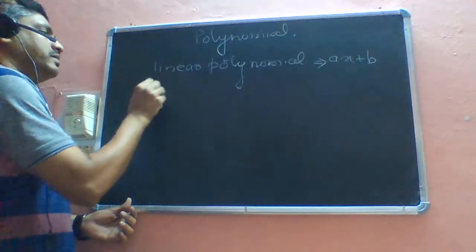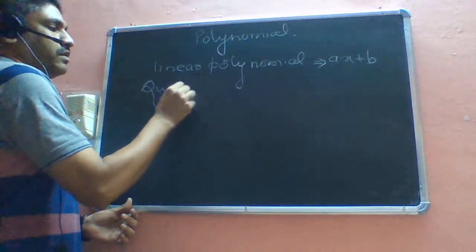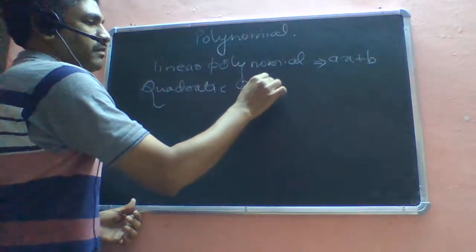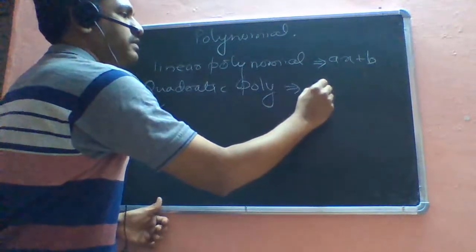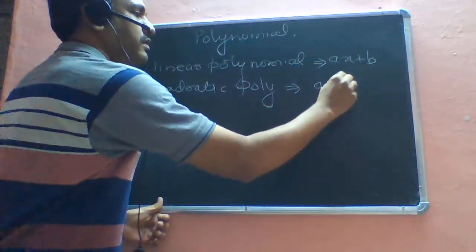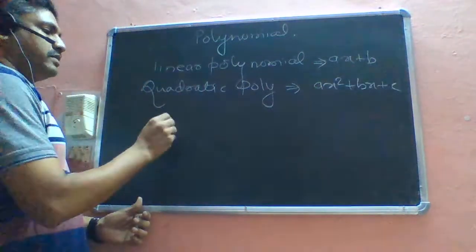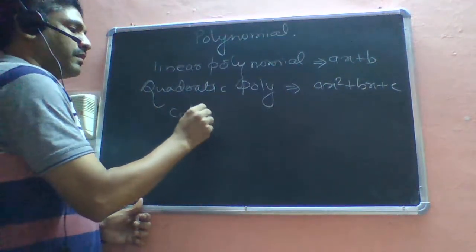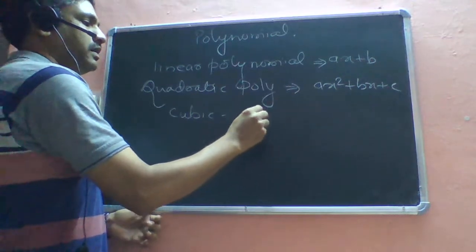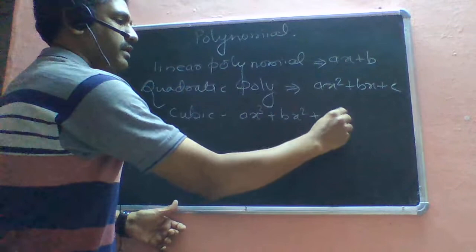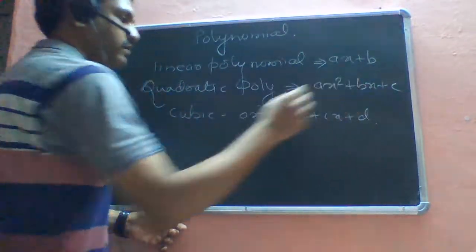Second is quadratic polynomial, and its standard form is ax square plus bx plus c. And third is cubic polynomial, and its standard form is ax cube plus bx square plus cx plus d equal to 0.